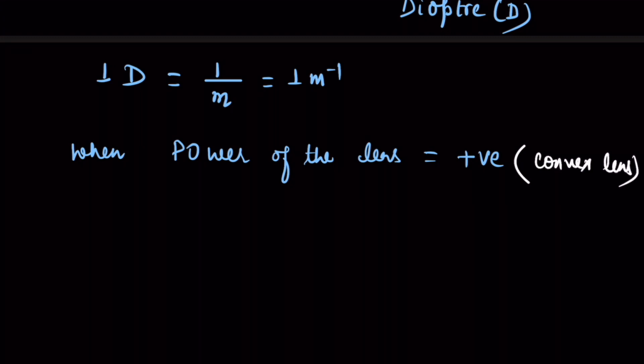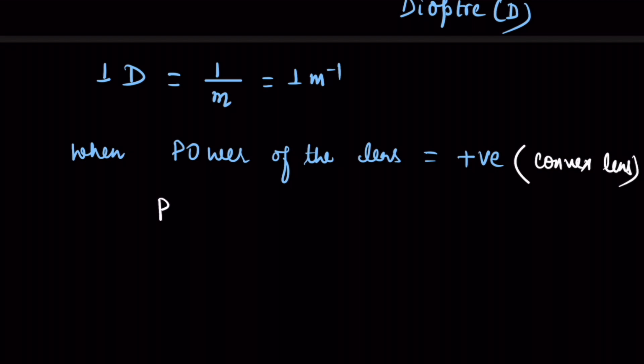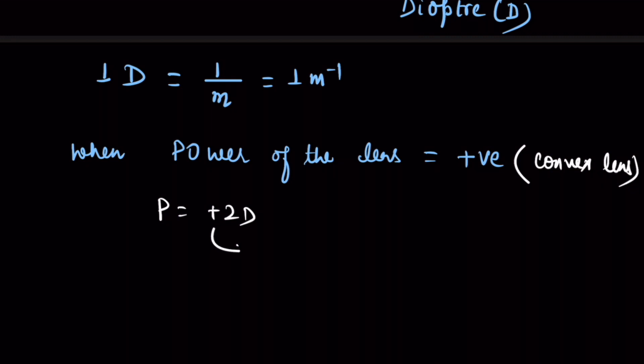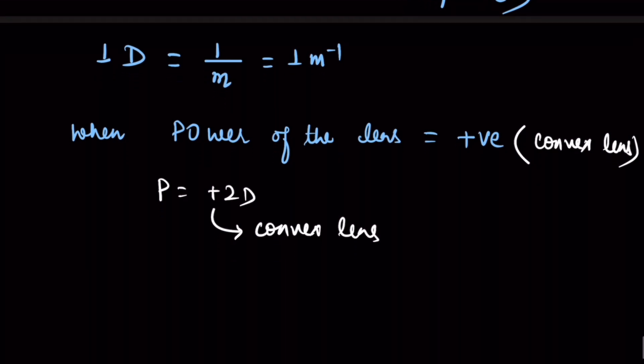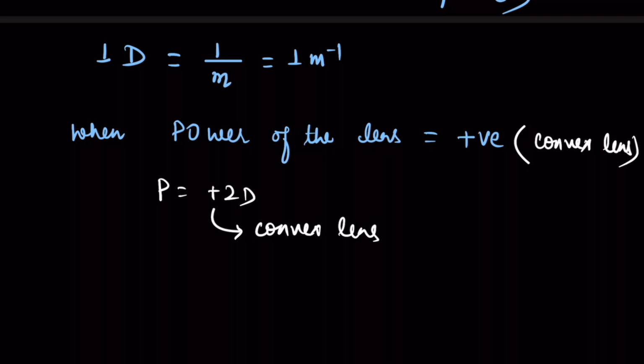If I say P is equal to plus 2 D, what will happen? If it is plus, it means it's a convex lens. And why is it a convex lens? Because if P is plus, it means the focal length is positive.